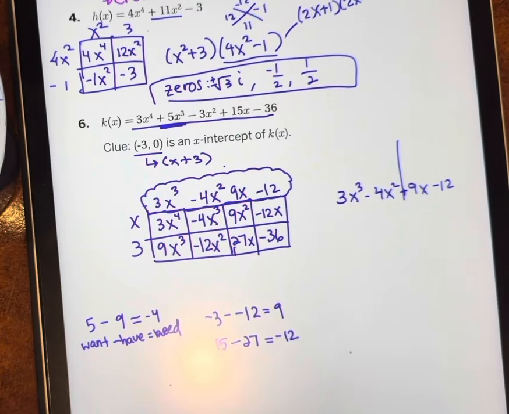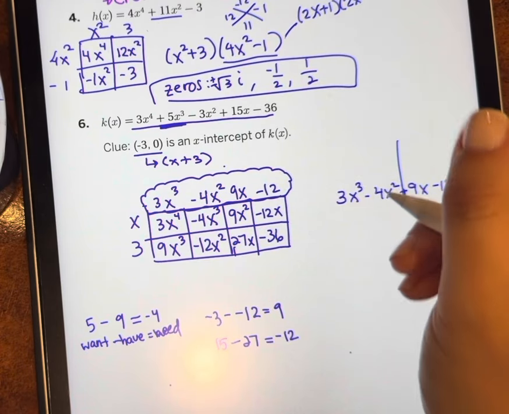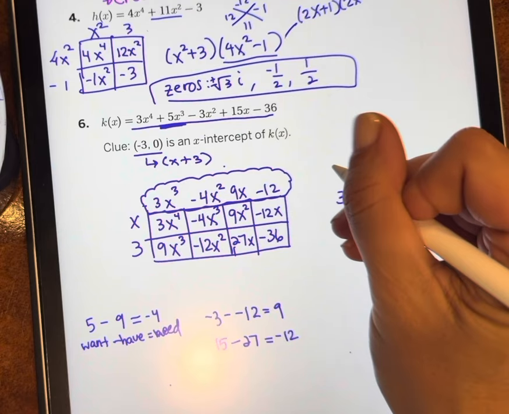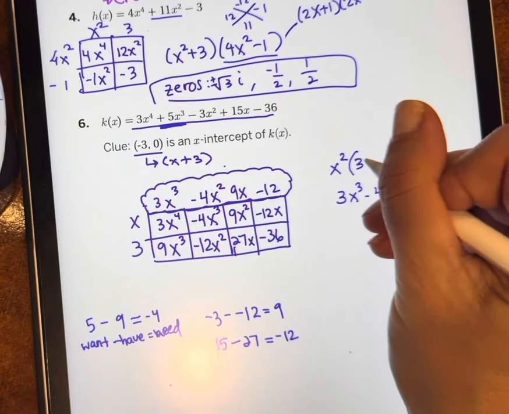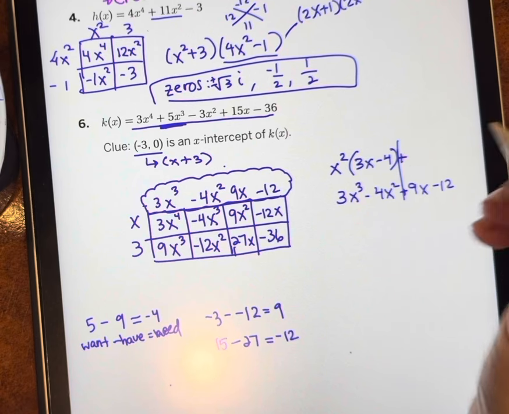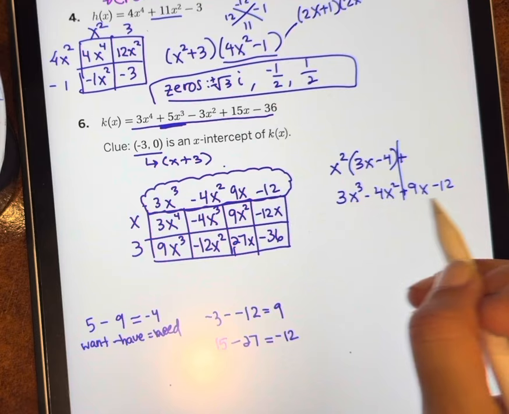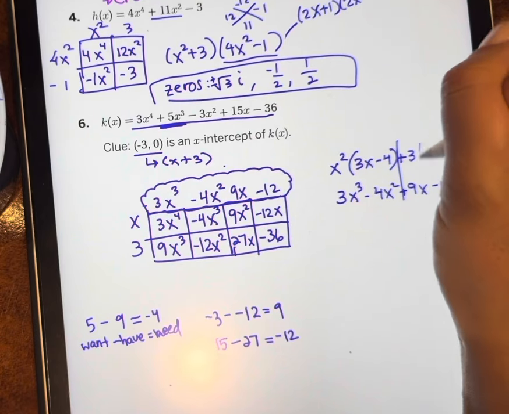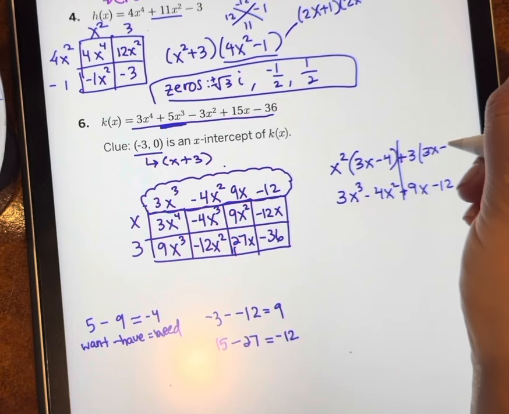And if I just kind of split it and group it and take the common factor out of here, which is x squared, I'll be left with 3x minus 4. And if I take the common factor out of here, which is 3, I'll be left with 3x minus 4.